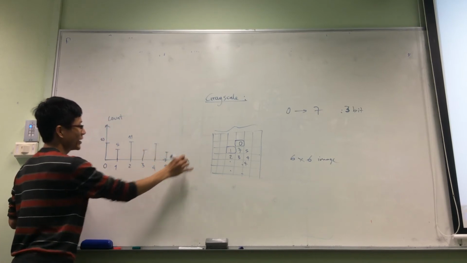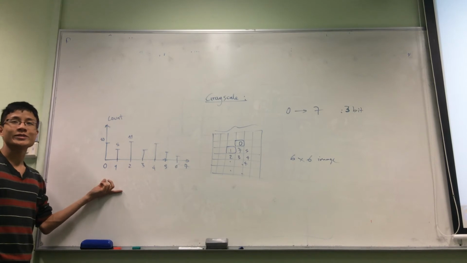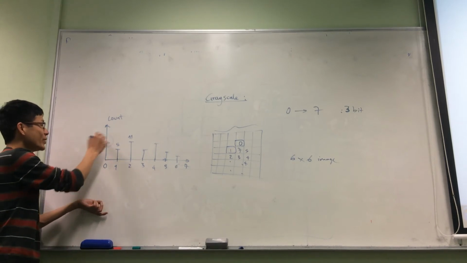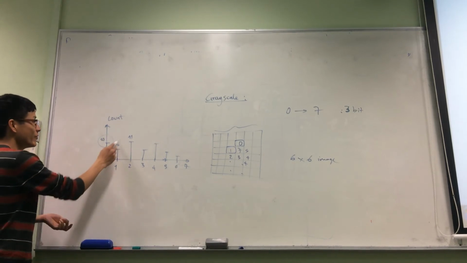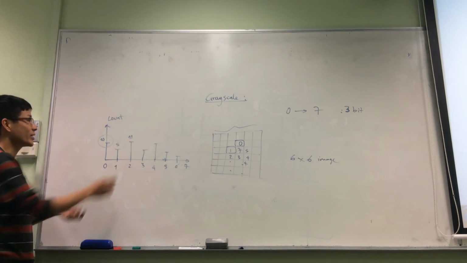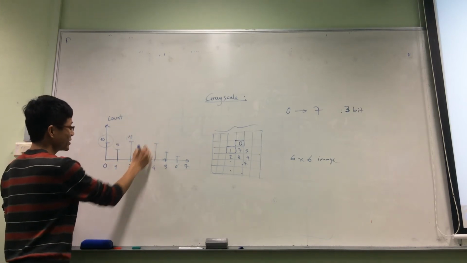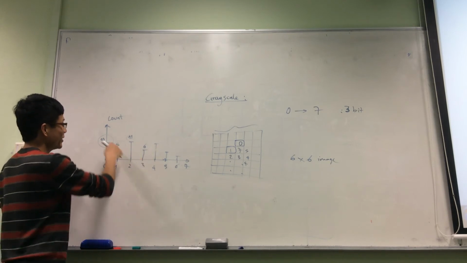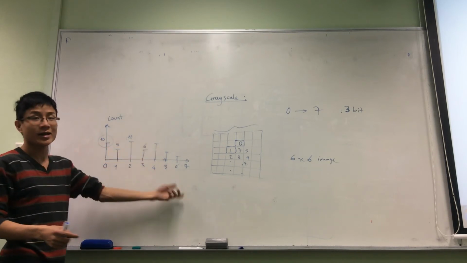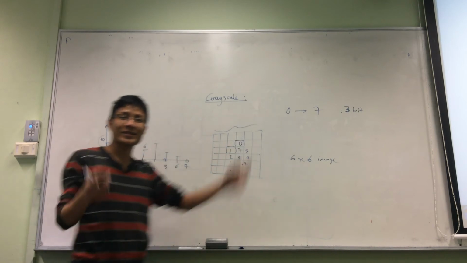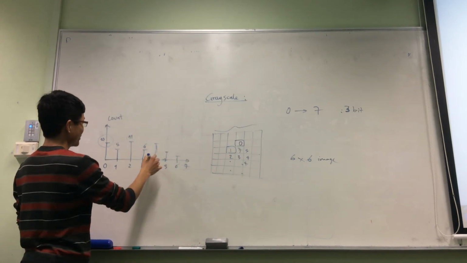That's what is called a histogram. There are 10 pixels at value 0, 5 pixels at value 1, 11 pixels at value 2, 6 pixels at value 3. If I add these numbers together, I get 36. Simple, easy.